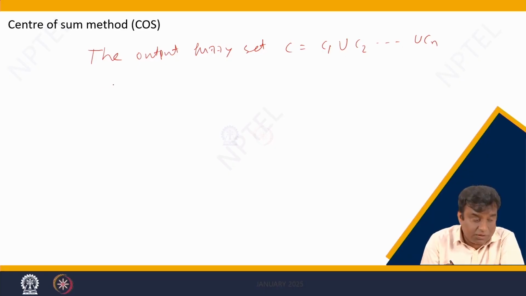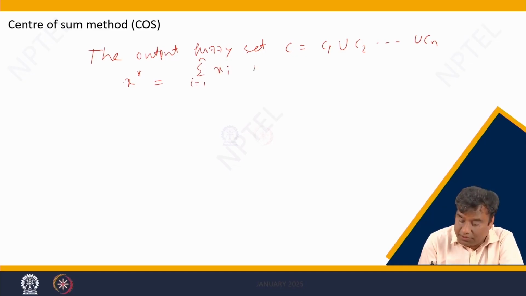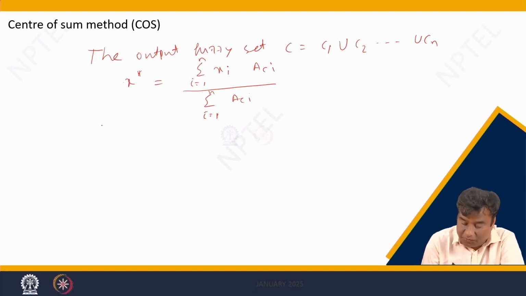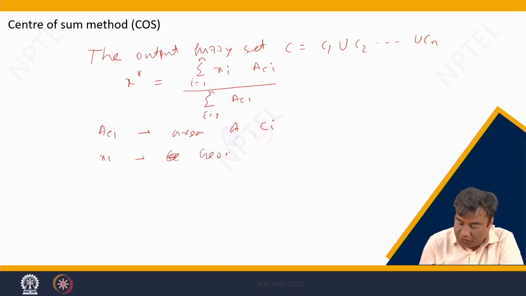In this method the defuzzified value x star is equal to summation i equal to 1 to n of xi into A(Ci) divided by summation i equal to 1 to n of A(Ci), where A(Ci) is the area of Ci, and xi is the geometric center of Ci.